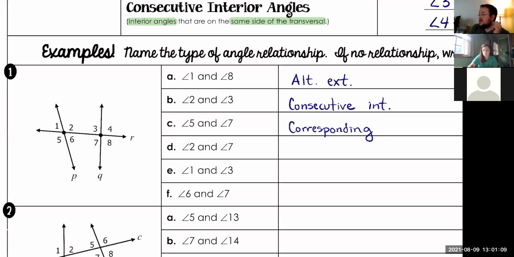2 and 7. Alternate and interior, I'd agree. 1 and 3.